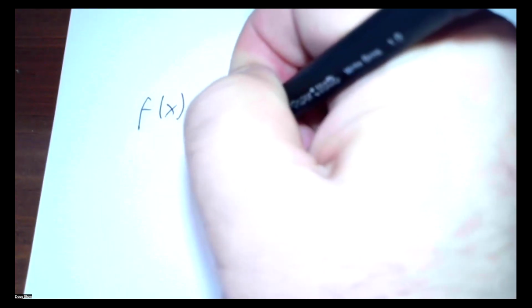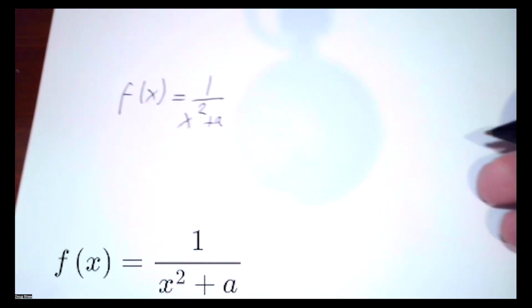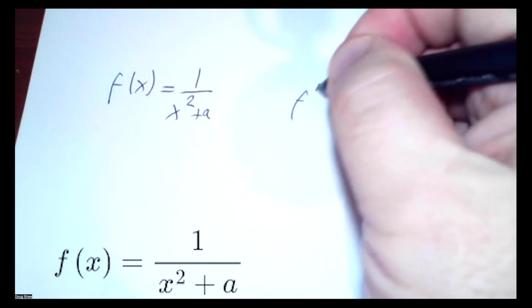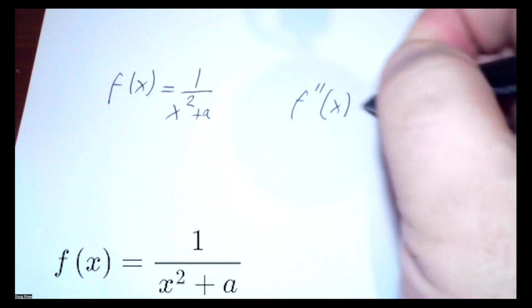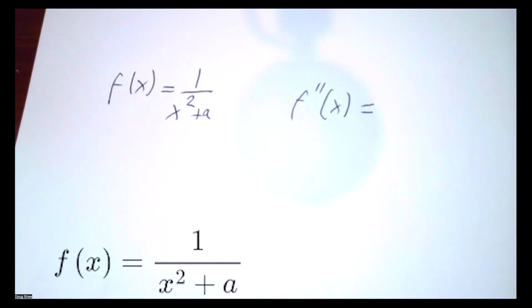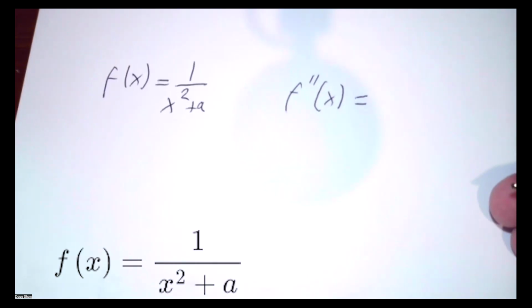So here's f of x. I hate how big my hand is on this thing. And then we take the second derivative. I'm not going to make you watch the whole process. It's basically the same as what we did before, only this time there is an a in it, and we're going to treat a just like a constant.